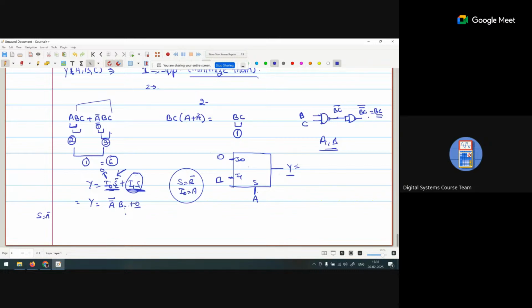We can create it with some input as an inverter, either A bar or B bar. If I mention in the question that only A and B inputs are available, then I can use this circuit and identify that only one 2x1 mux is sufficient.